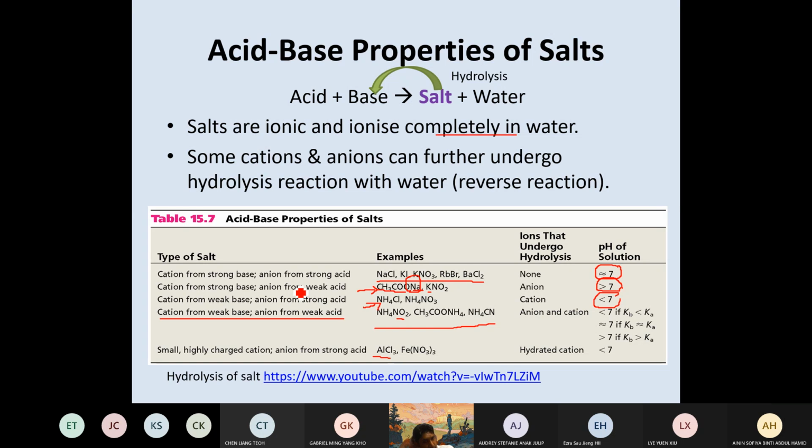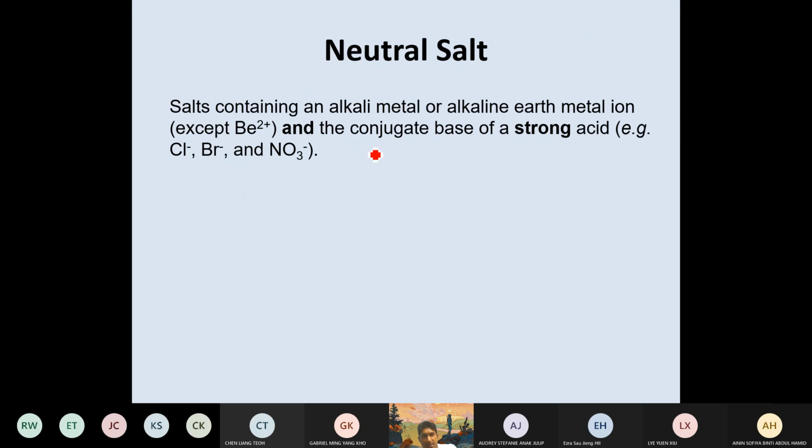Or iron is considerably small, but it also carries 3 positive charges. So they will form a hydrated cation which is less than 7. That means it will be in acidic medium. The salt solution will be in acidic medium. It will have less than 7 pH.